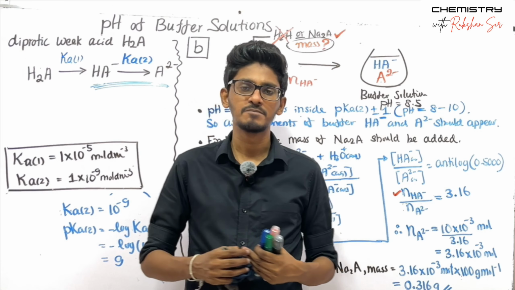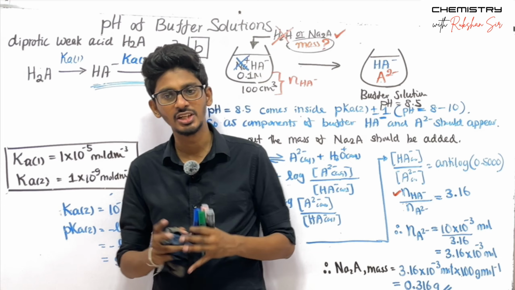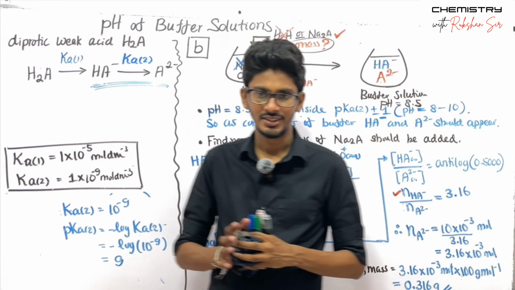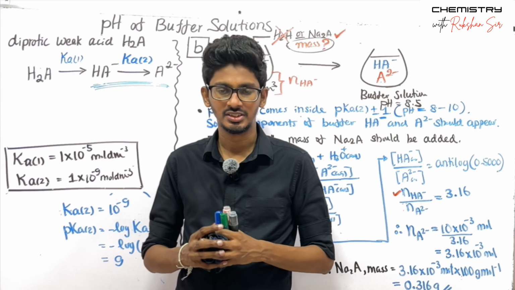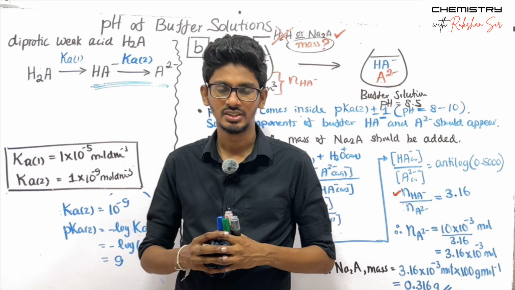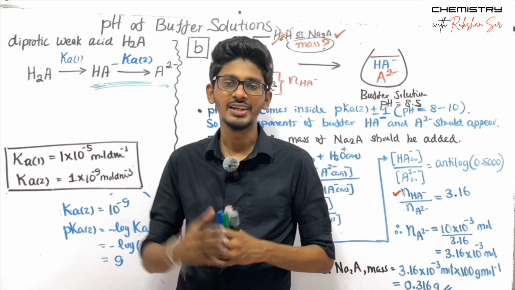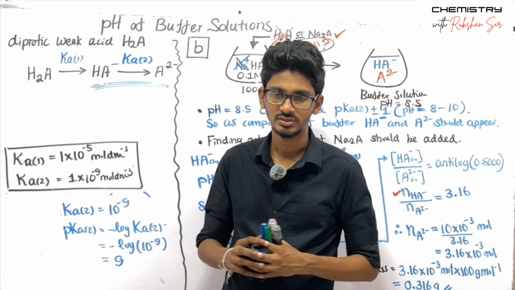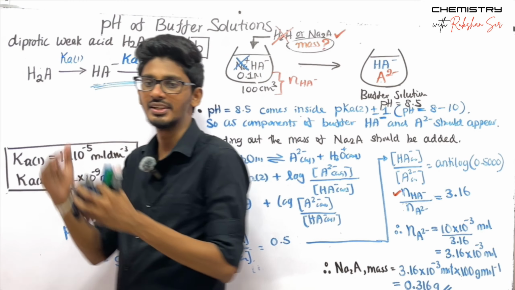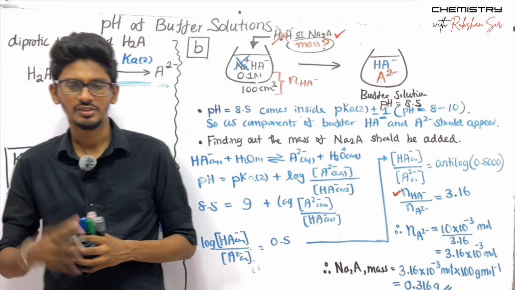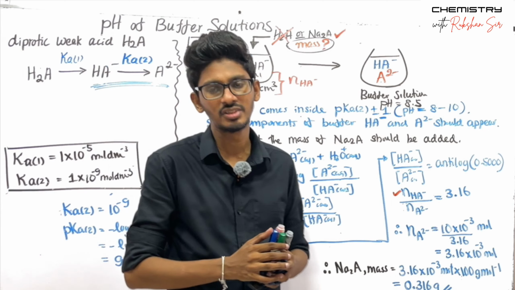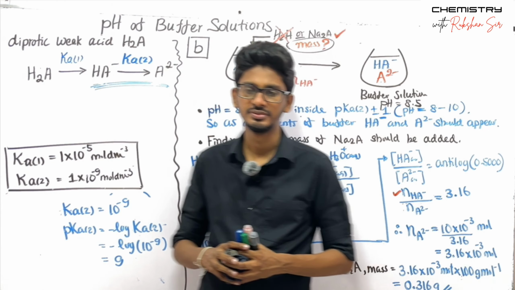So no considerable pH change means not that much of a change. It does not mean that no change at all happens, right? Some very little amount of pH will drop or increase.